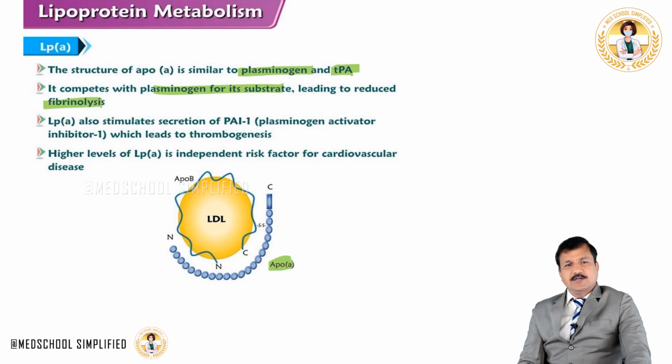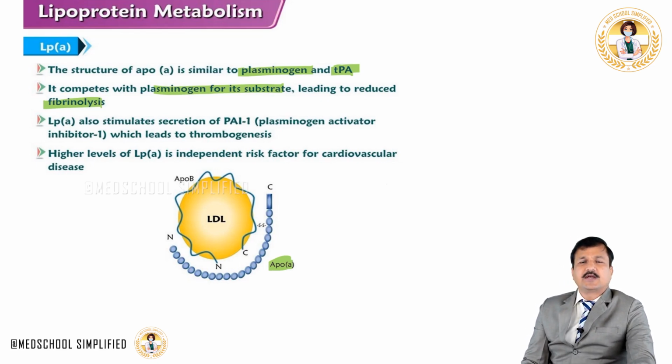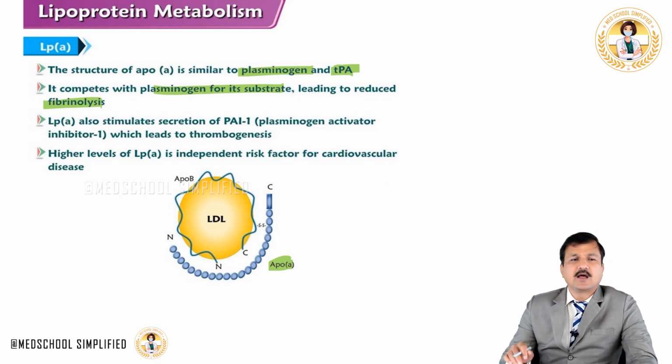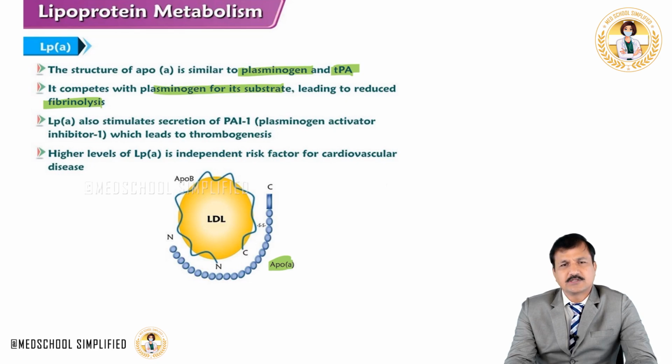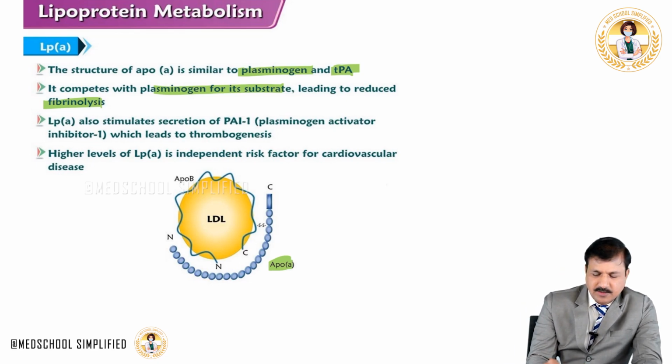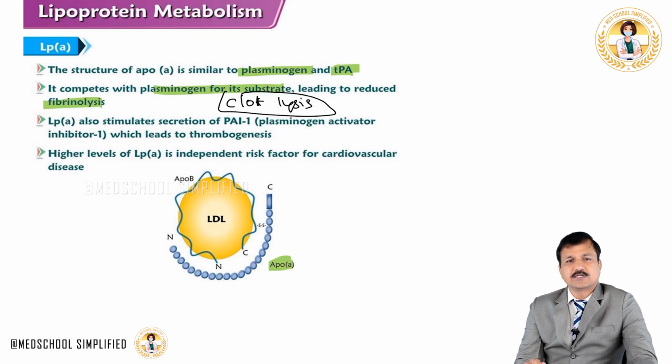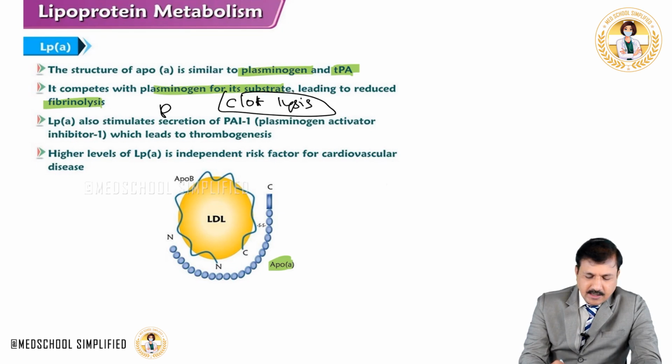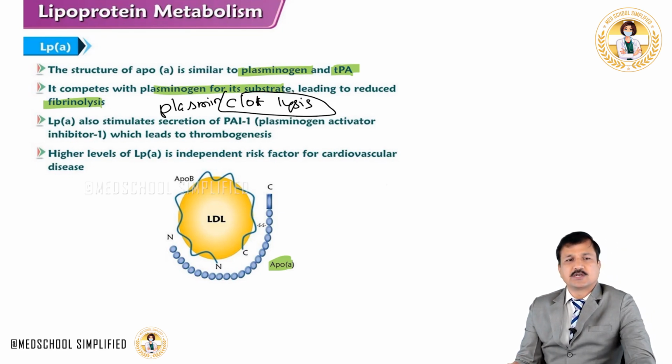Plasminogen, when activated, is converted into plasmin, and plasmin participates in clot lysis, which is called fibrinolysis. When a blood clot is formed, clot lysis is mediated by plasmin, the activated form of plasminogen.